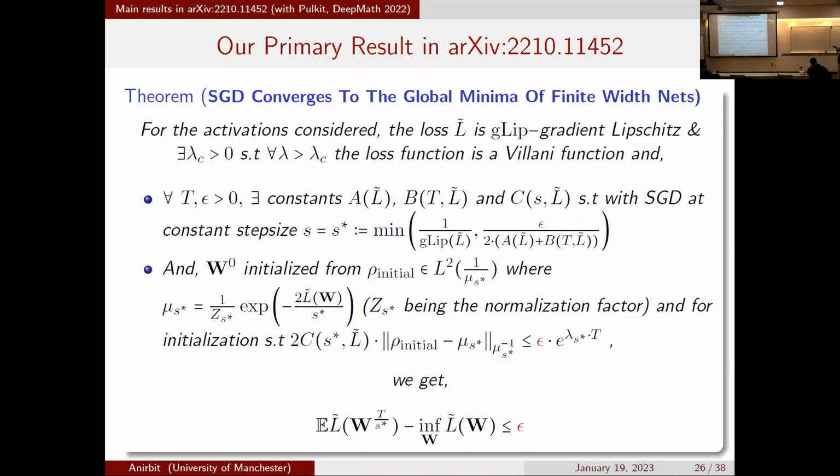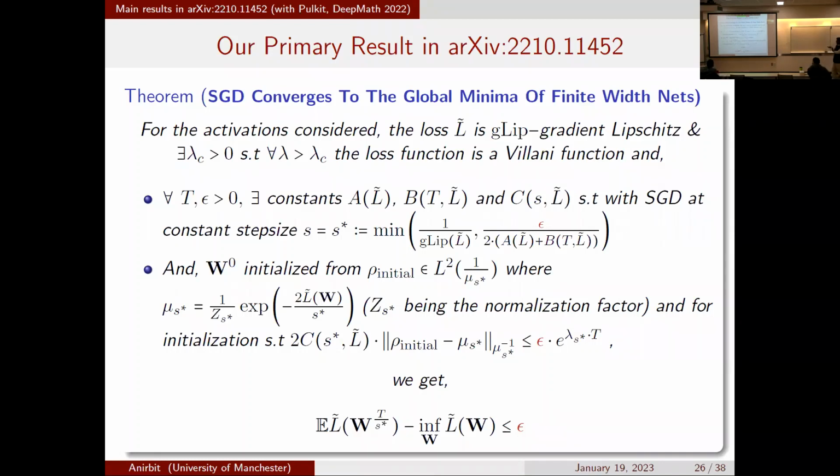In that case, you can just run through the machinery, and what you get is an estimate of the step length in terms of various constants A, B, and C. I'm not going into the details of where A, B, and C come from. A and B essentially come from arguing about the proximity between the SDE and the SGD.